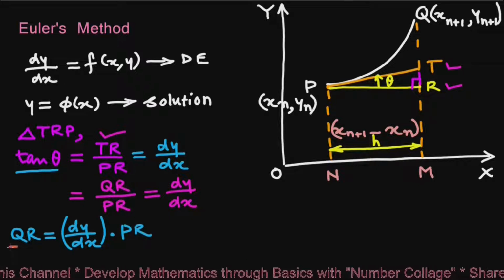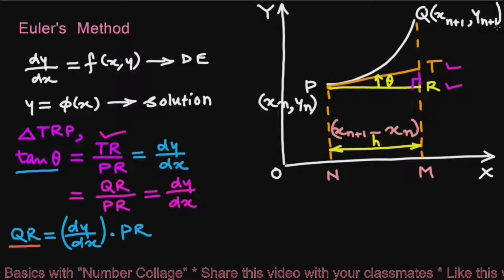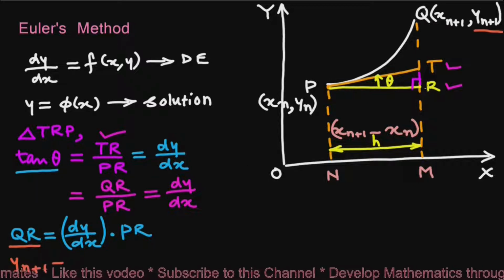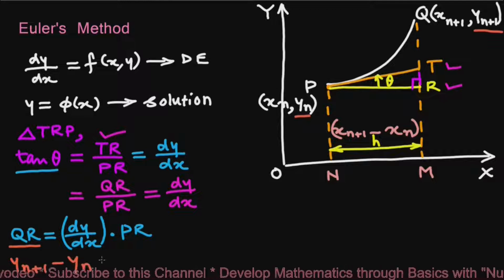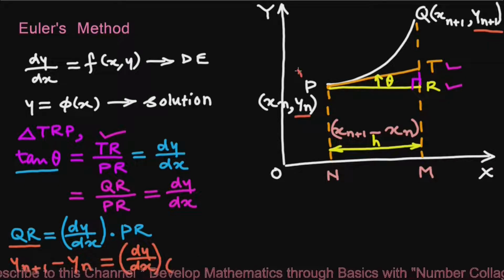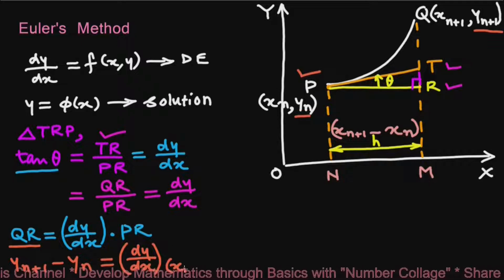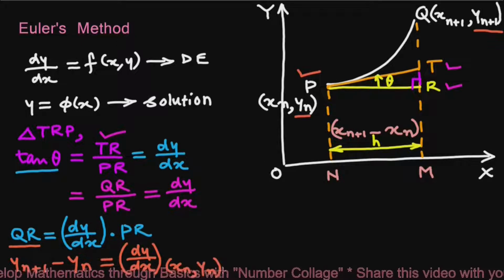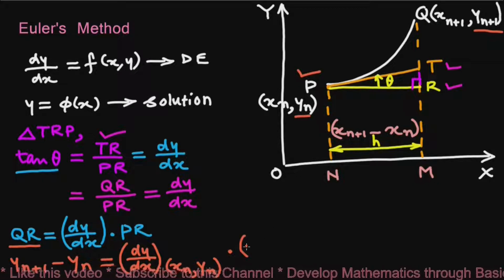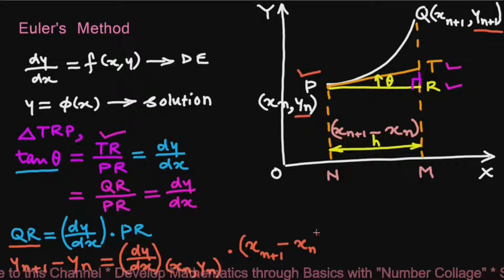Now QR is MQ, that is yn plus 1, minus MR, which is yn, equals the value of dy by dx at point P, that is at (xn, yn), multiplied by PR, which is xn plus 1 minus xn.